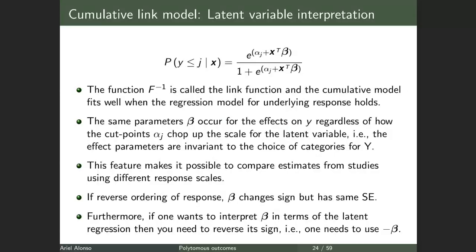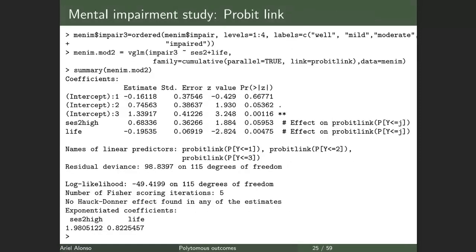But you don't need to use the logit link. You can use any F inverse link function that you want. And this is a nice way to obtain the model, assuming the existence of this latent variable.